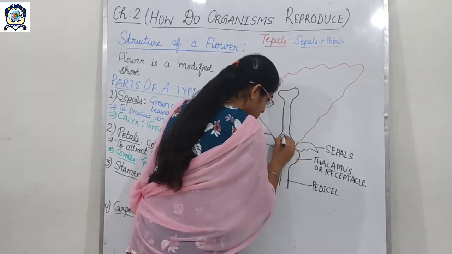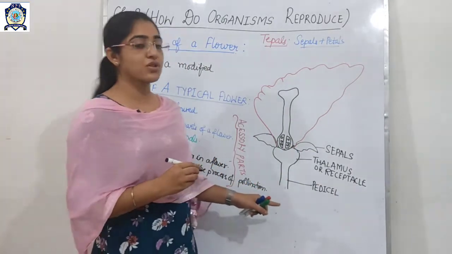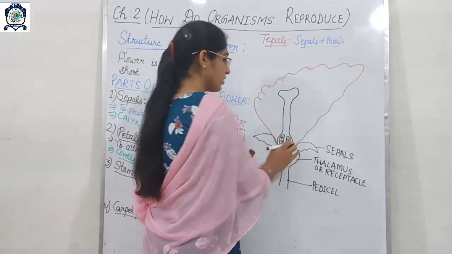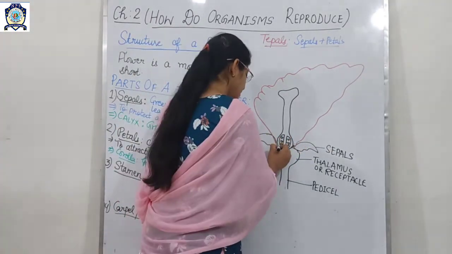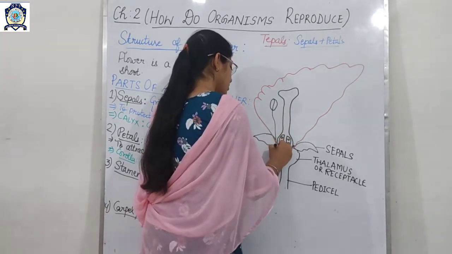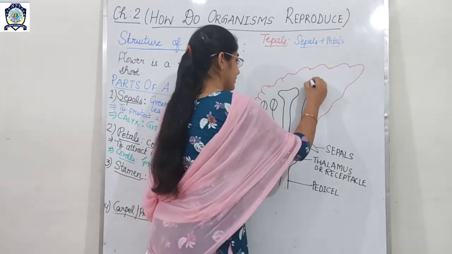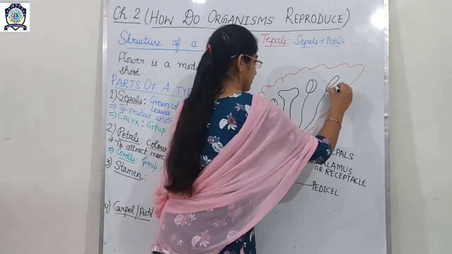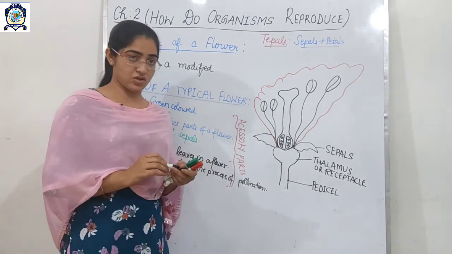So you have to draw the longitudinal section, or the cross section of a typical flower. Also in the last year previous paper, there was one question that said draw. So this is the male part. So I have drawn the complete structure.